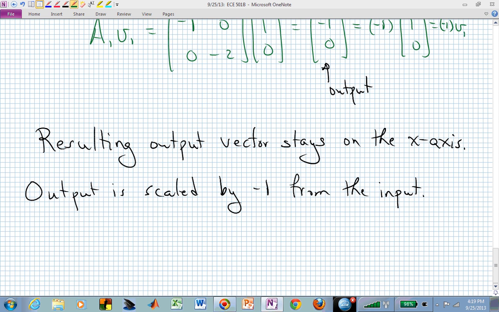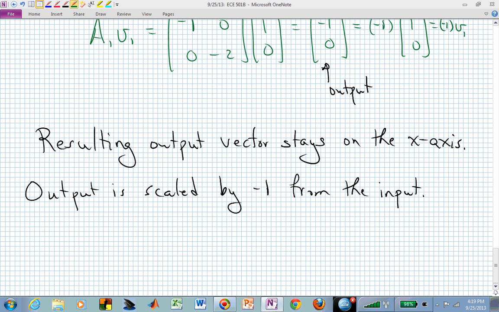Meaning we've basically just found an eigenvector associated with that matrix A, because that's what we said an eigenvector does. When it's operated on by that matrix, we just get back that original vector, scaled.